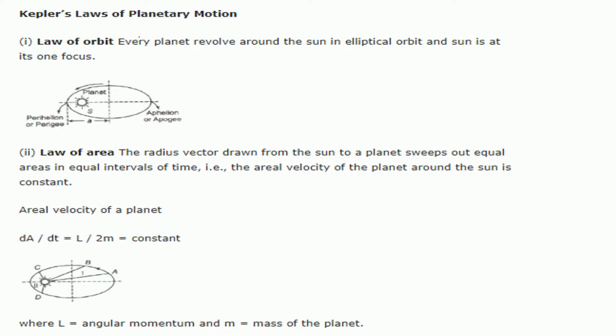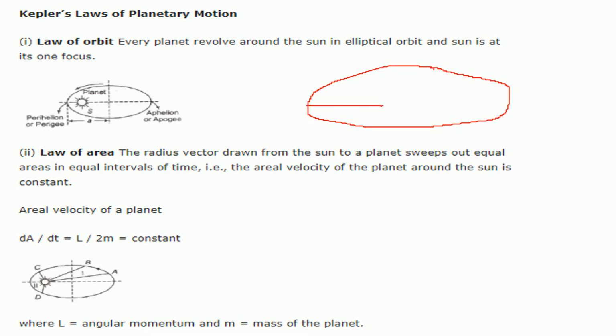Kepler's laws of planetary motion. First is the law of orbit. Every planet revolves around the Sun in an elliptical orbit, and the Sun is at one focus. So if I make it a bigger one, this is an ellipse.